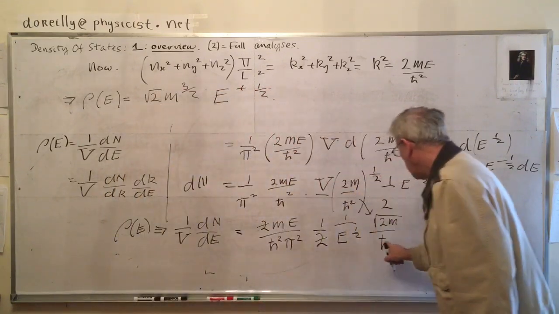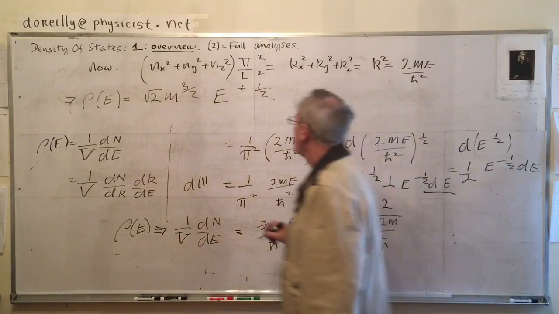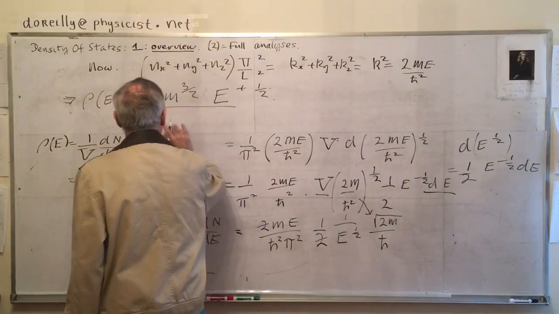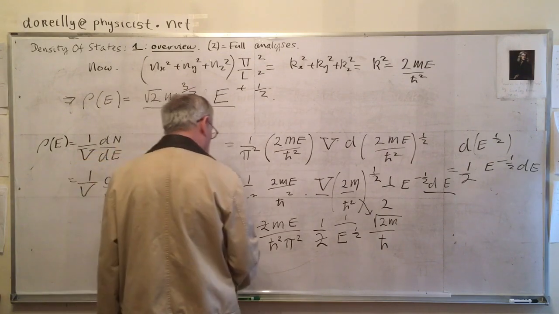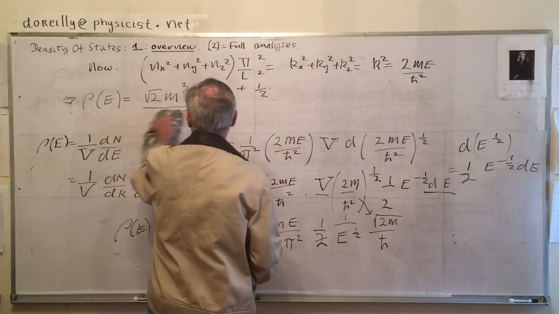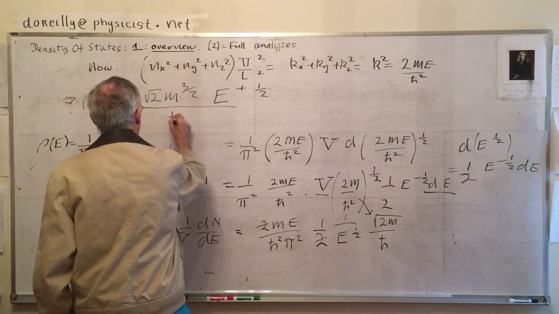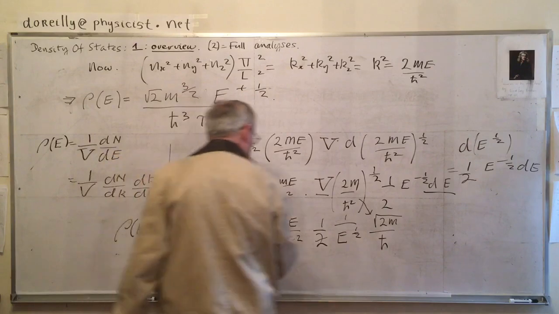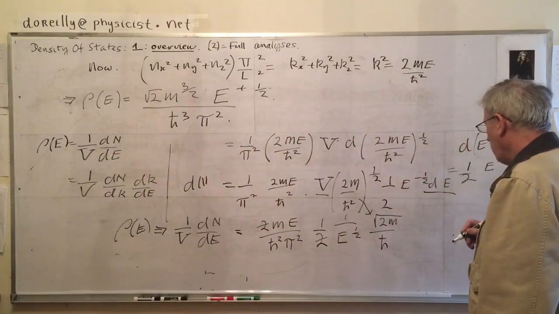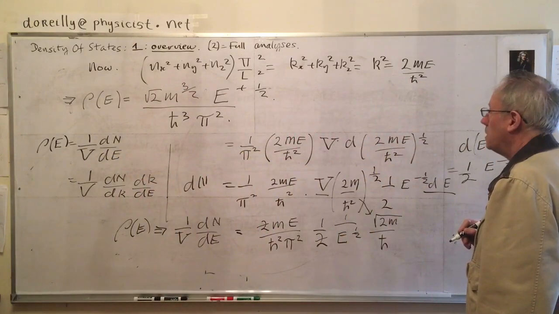Pi squared times pi is pi cubed. Sorry, h cubed. Pi squared. Anything else? That's it.